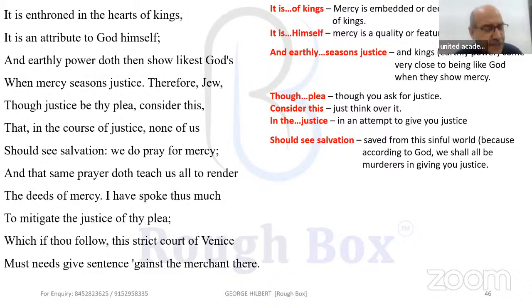And why will none of us be saved from sin? If we give Shylock justice, can anyone tell me why? What will happen if they give Shylock justice? What will Shylock do? He will come into his body. He will cut his pound of flesh.